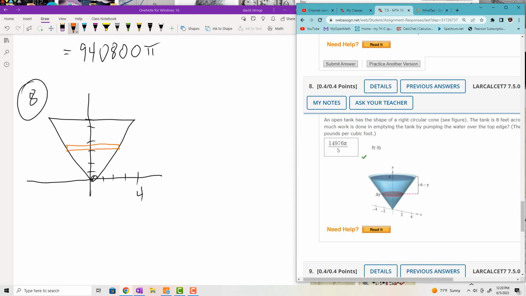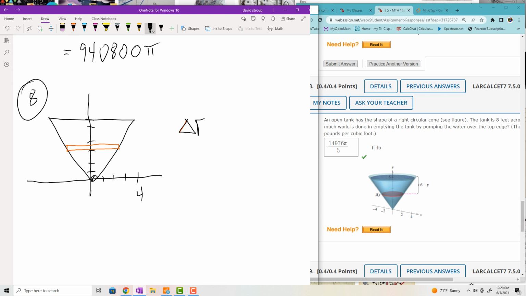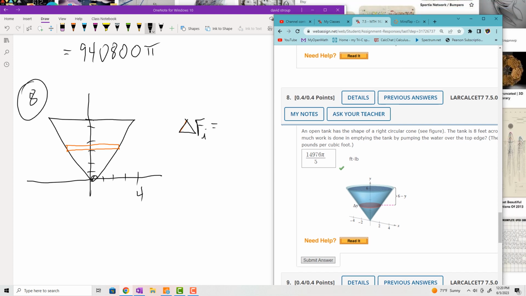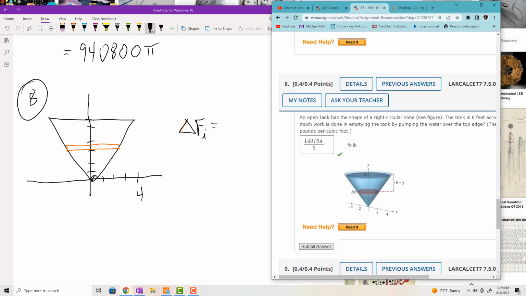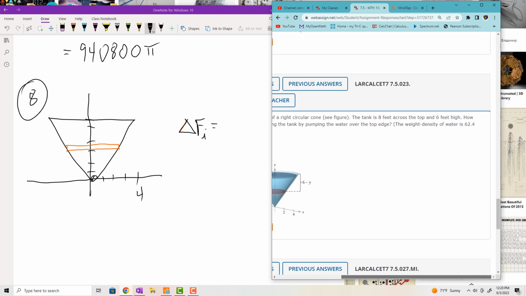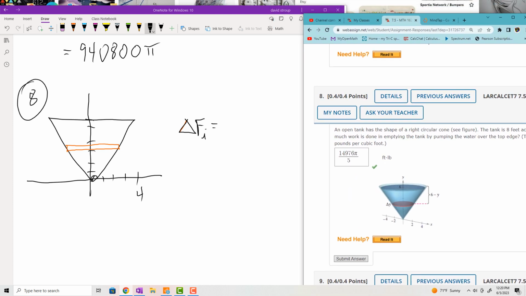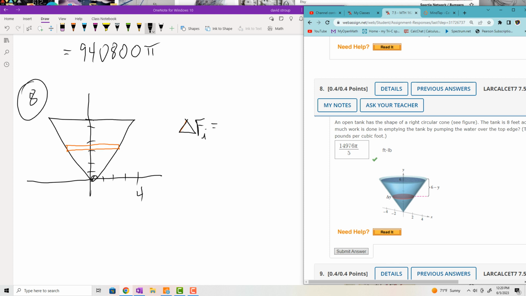So we need to know the weight of that particular disk of water. We'll call that F, the force increment. To figure that out, we need the weight density times the volume. So basically the weight of the water per unit volume times the amount of volume is how you think of that.